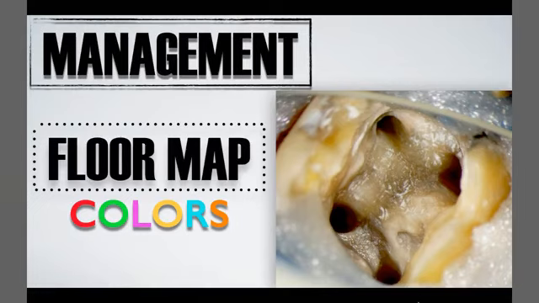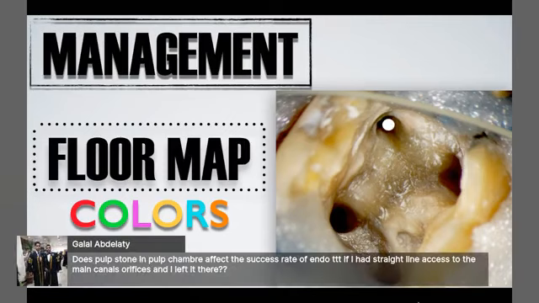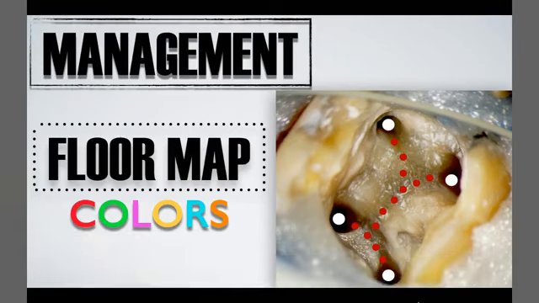The floor is usually darker in color than the axial walls. The dentine there is darker. And inside this floor, we have a map. This map is usually dark lines connecting the orifices. So we have a guide, and hopefully this guide leads us to the root canal orifices. So we have to follow this guide, the dark lines connecting our root canal orifices, and then we can proceed to the root canal system.